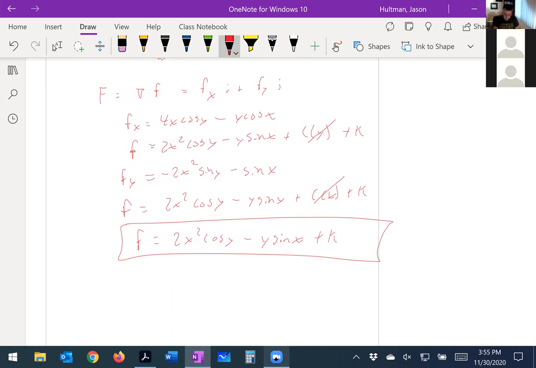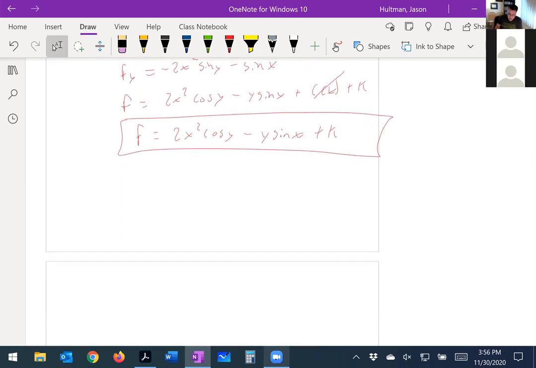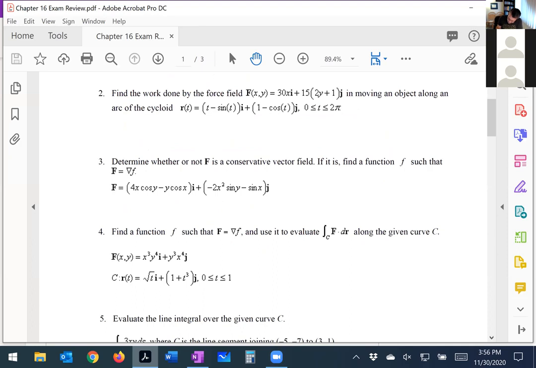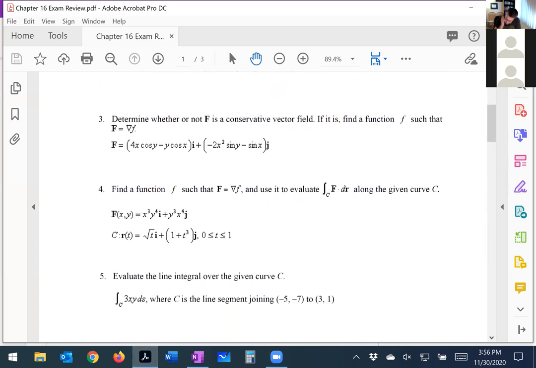Okay, so that's number 3. Number 4 says find a function f and then use it to evaluate this. We're going to use the fundamental theorem of line integrals to evaluate this. Is it conservative? Can we even do that? We'll check to see if it is conservative.